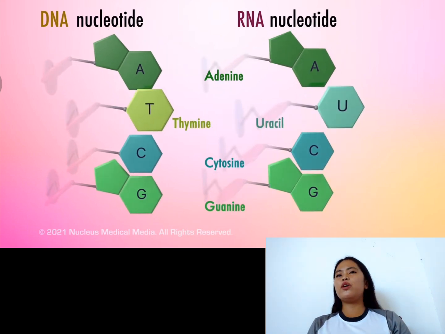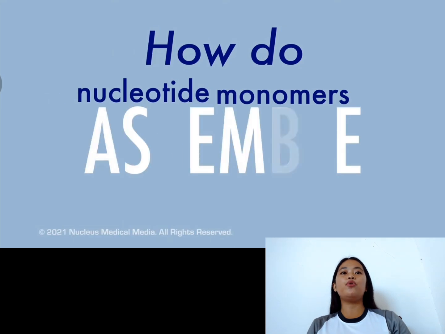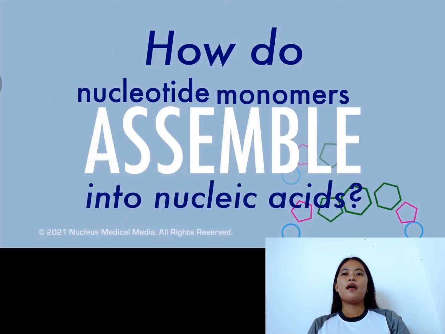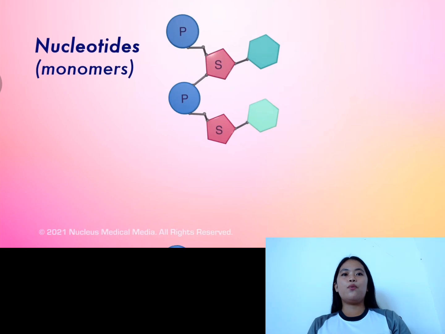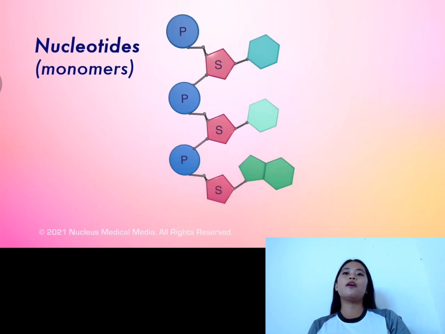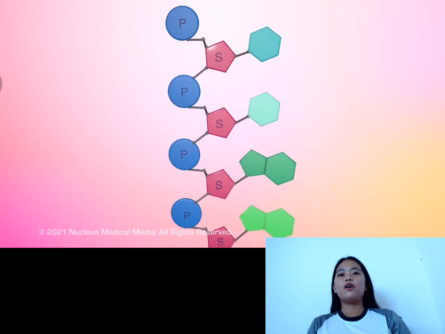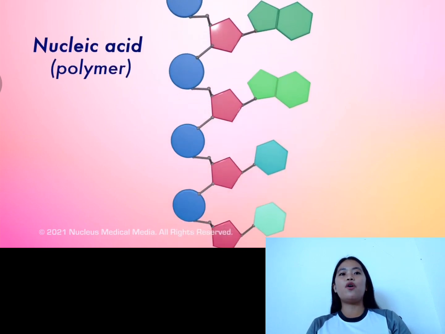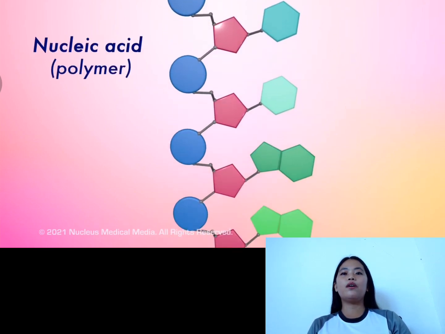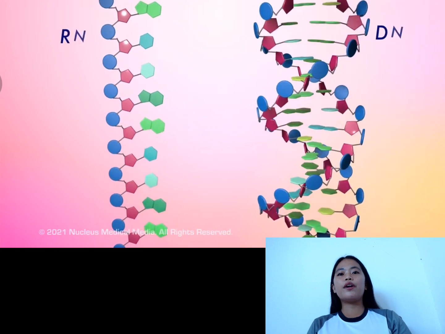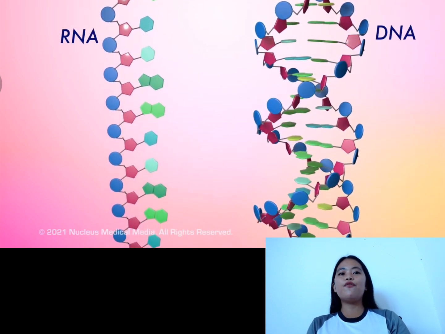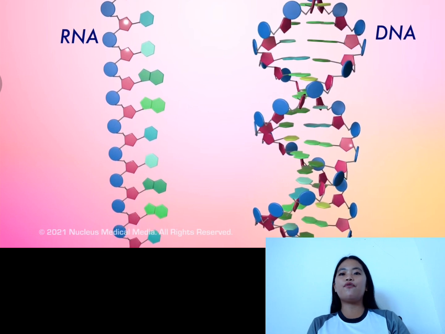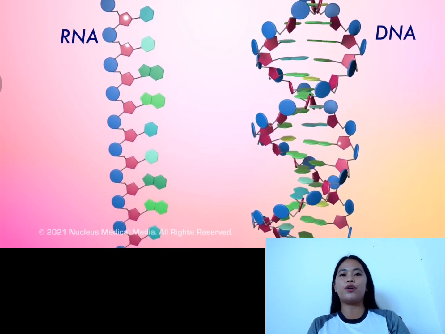So, how do nucleotide monomers assemble into nucleic acids? The phosphate group in one nucleotide bonds with the pentose sugar in another nucleotide. The assembled string of nucleotides forms a nucleic acid polymer. Even though both RNA and DNA have alternating sugar and phosphate groups, there are differences in overall structure.